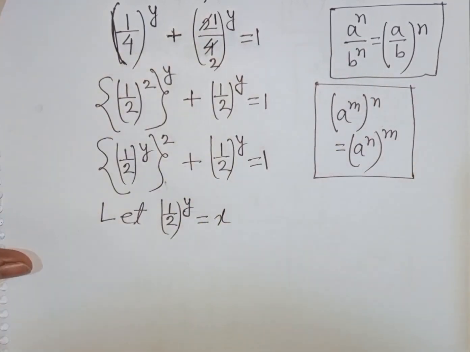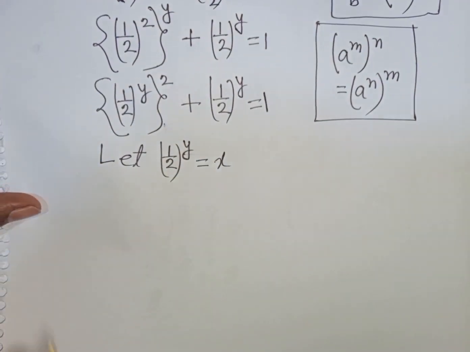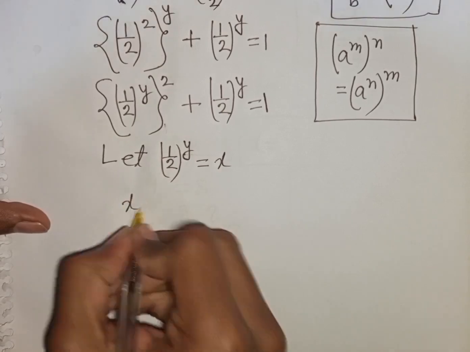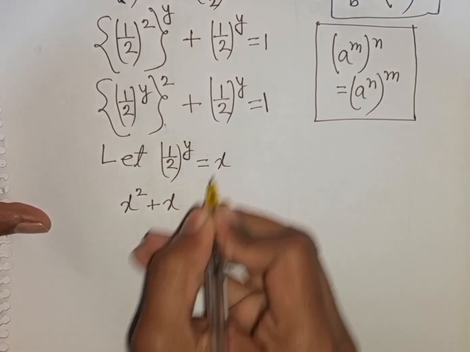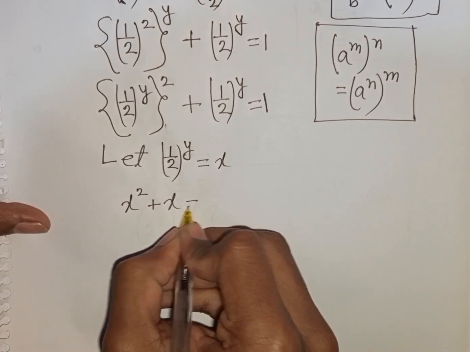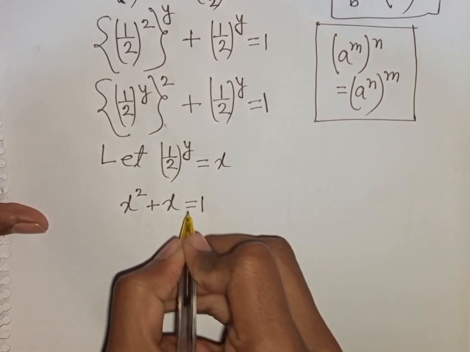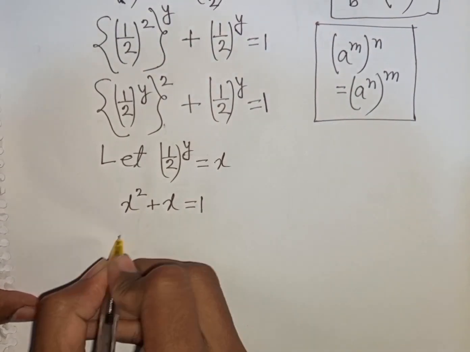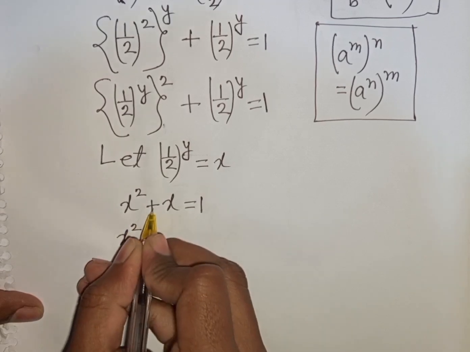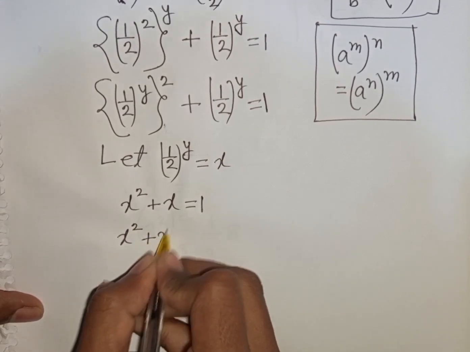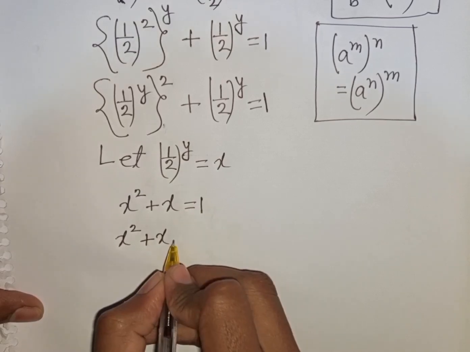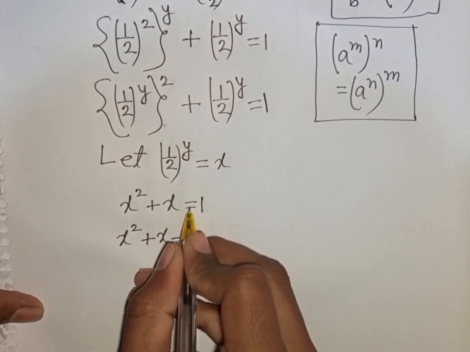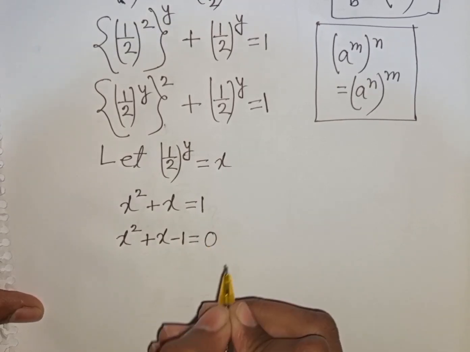So our equation will be x^2 + x = 1. Now we can write x^2 + x, then this 1 taken to the left side will be minus 1, is equal to 0.